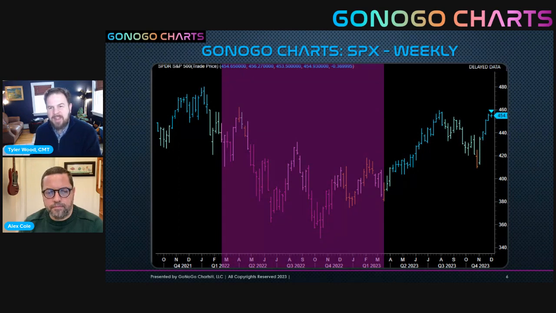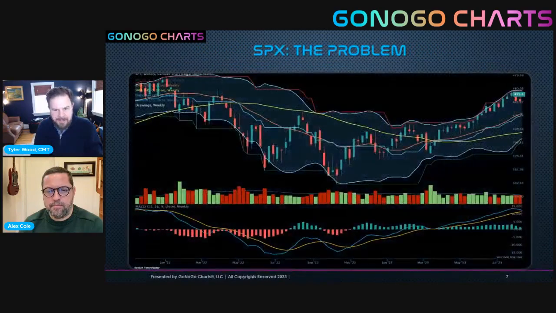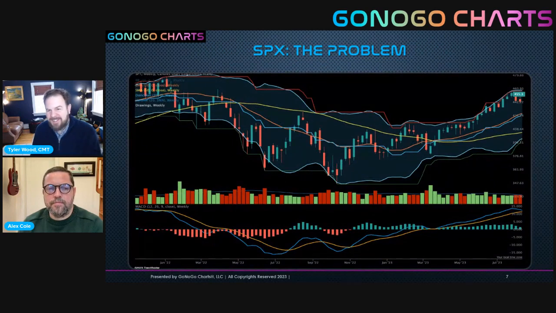Now, Alex, let's go back to our checklist, that chart that perhaps looks a little messier, but it's using really sound approaches to understanding trend from multiple factors. Talk to us a little bit about where we're at on this chart of the S&P. Just as a reminder, this was an example of a fairly simple process.